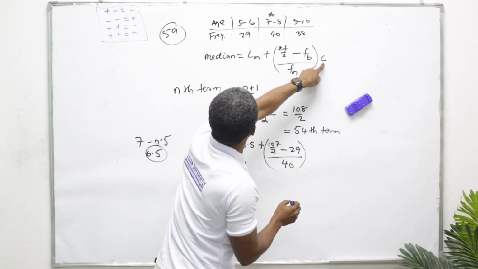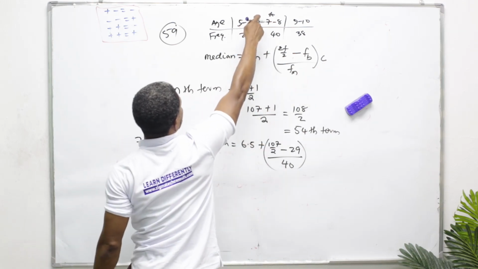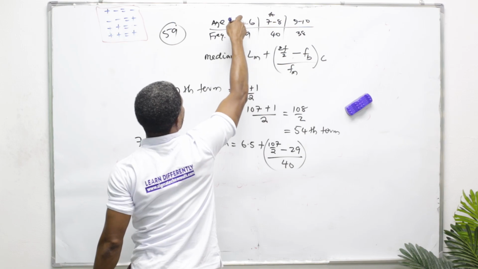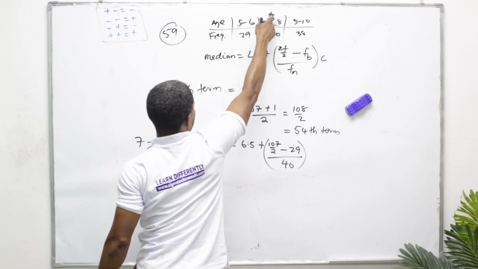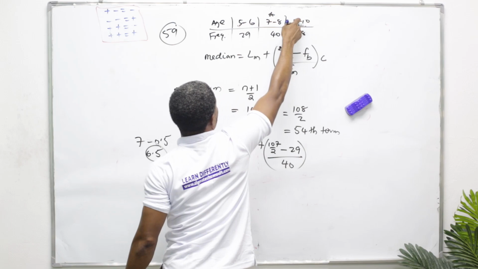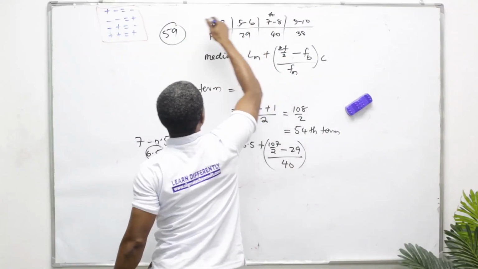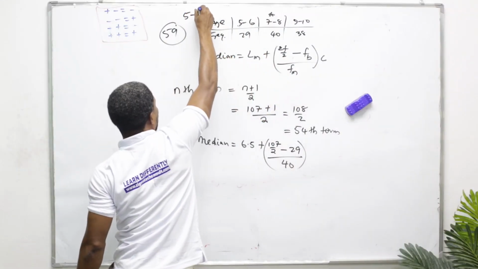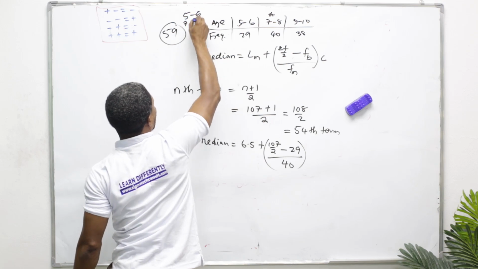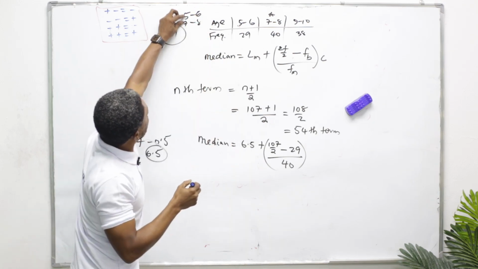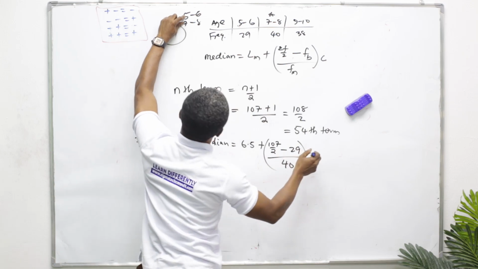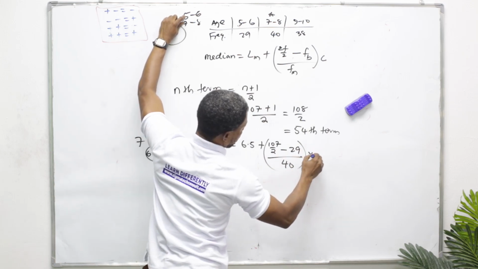Then your age width is the difference between here and here: 5 and 7, 7 and 9. That's the age width, and the difference is 2.